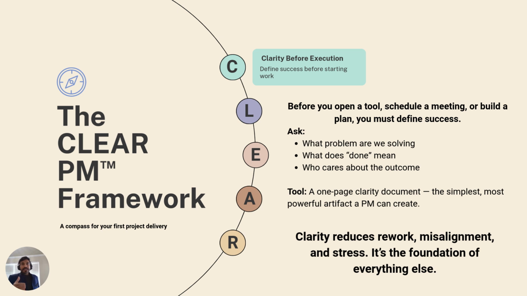Asking those WH questions on the first day, in the first week of your project, will help a lot to understand where you are heading. The tool I would suggest is to create a nice Excel clarity document where you can easily simplify what you are going to deliver on this particular project. And the last point says that clarity reduces rework, misalignment, and stress.